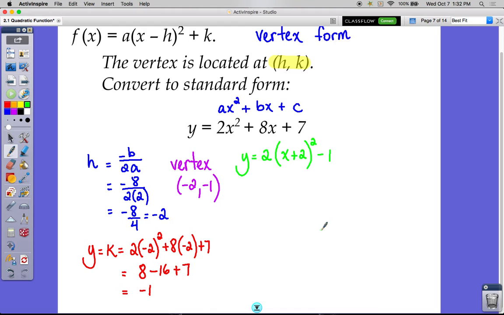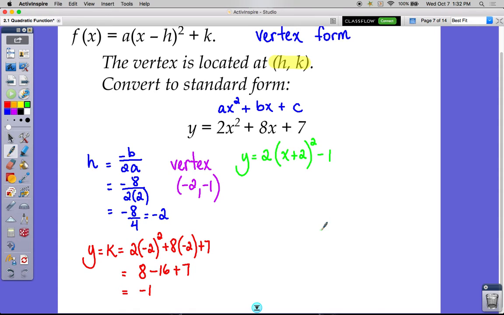That has now been cleaned up a little bit, looks a little different, and you might be asking, okay, where's the 2x squared and the 8x and the plus 7? All of that is packed inside of that parenthesis squared. Then you distribute the 2 and subtract 1, and you can try that out. FOIL it out, multiply by 2 and subtract 1. I guarantee you're going to get back to the original equation.